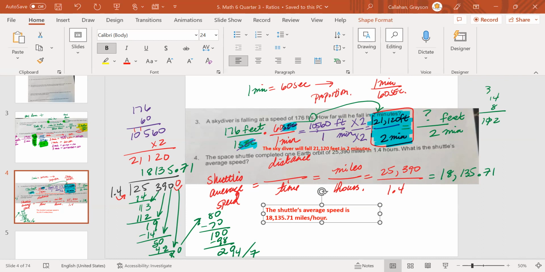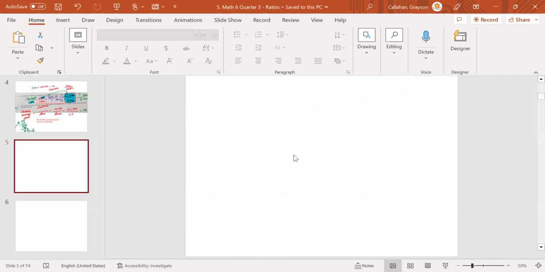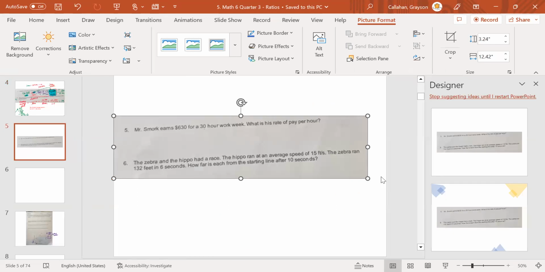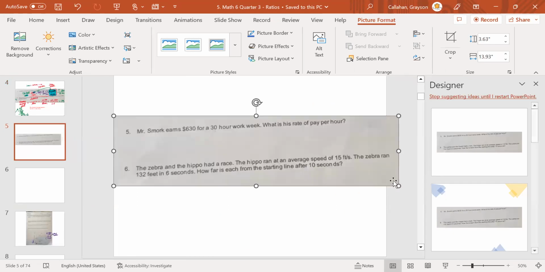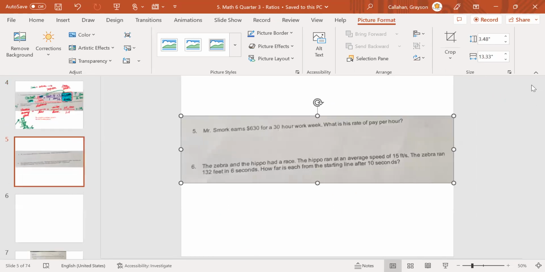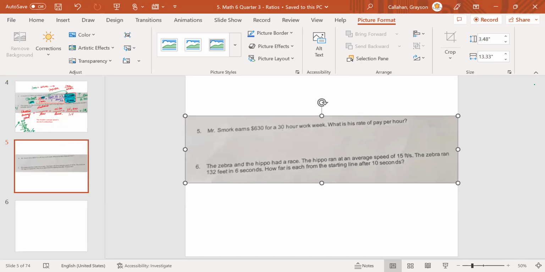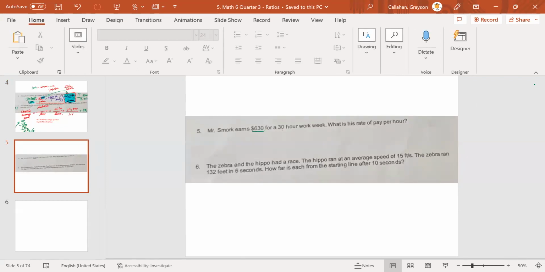Okay, number 5. Mr. Stork earns $630 for a 30-hour work week. What is his rate of pay per hour?